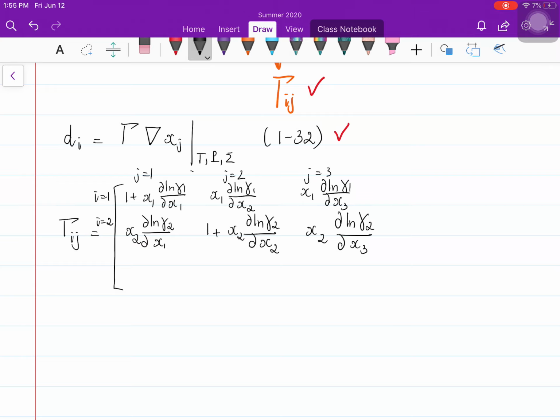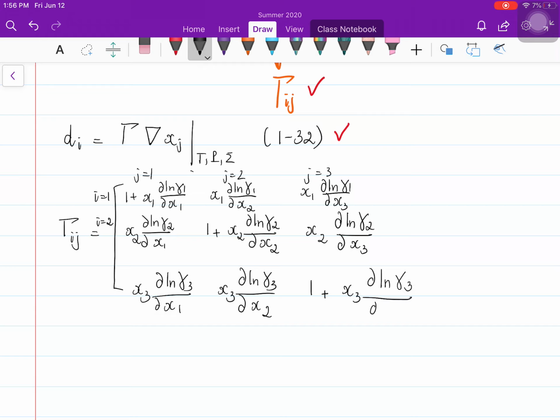And then we will do the same thing, and the last row's values would be x3 dln gamma 3 over dx1, then x3 dln gamma 3 over dx2, and 1 plus x3 times the partial derivative of the natural log of the activity coefficient of species 3 with respect to the molar fraction of species 3.